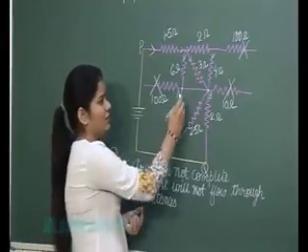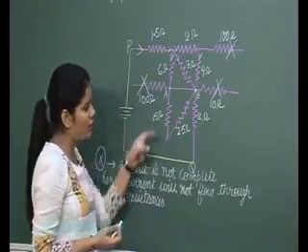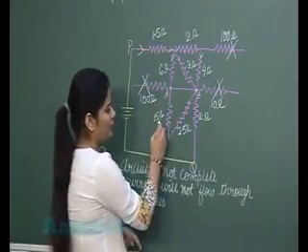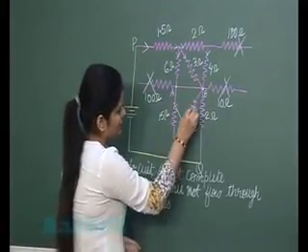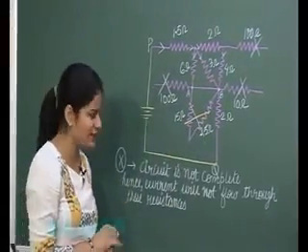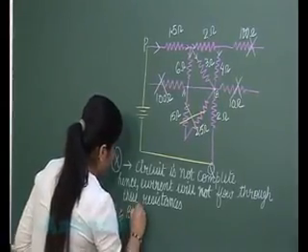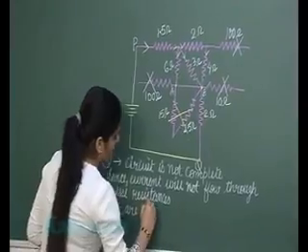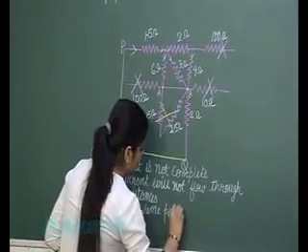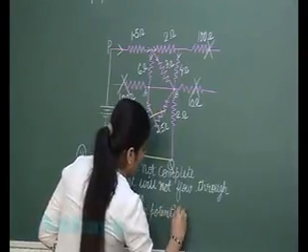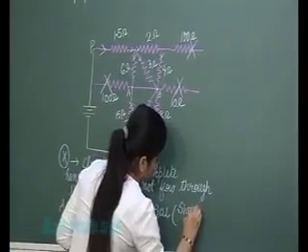So due to short circuit, these 2 points are at equal potential, so current will not flow through 15 ohm and 25 ohm. Hence these 2 resistances are also omitted. So A and B are at same potential. Why they are at same potential? Due to short circuit.